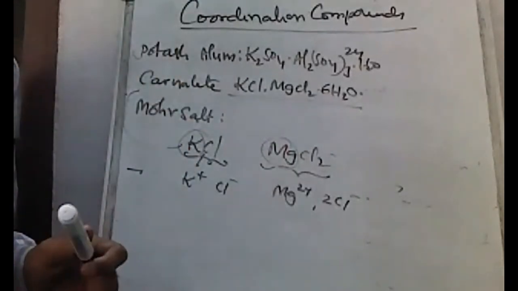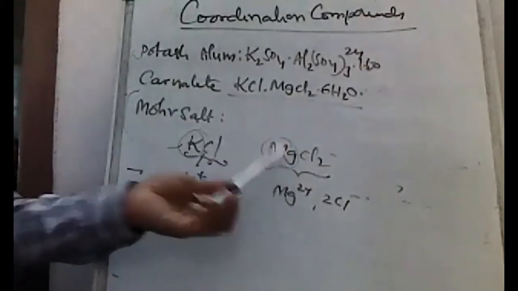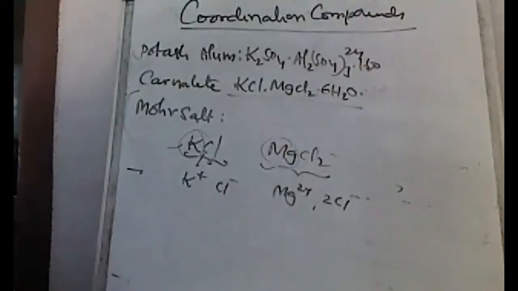If it is not showing characteristic tests for the corresponding ions, then it is called a coordination compound.